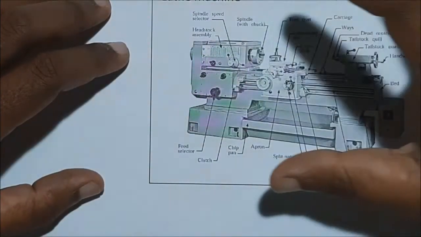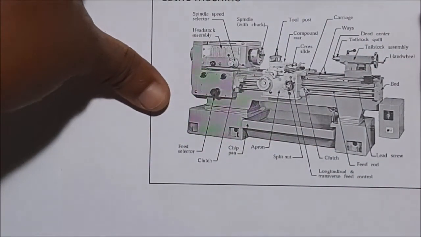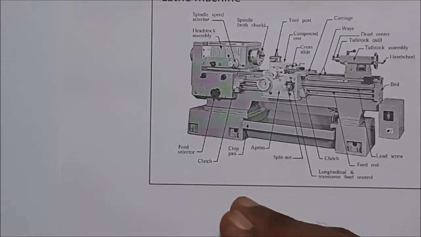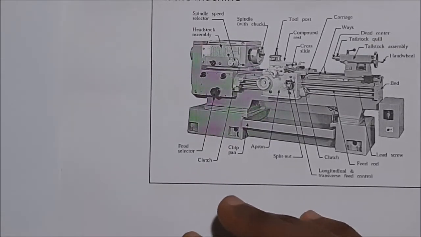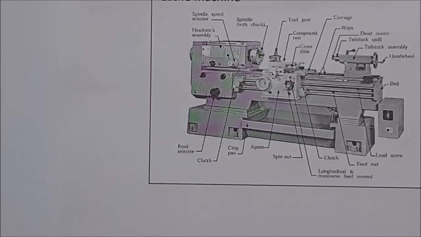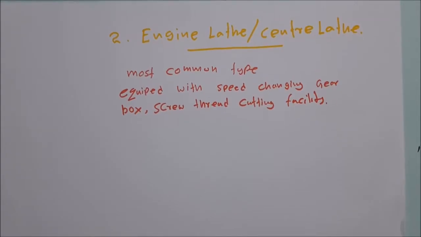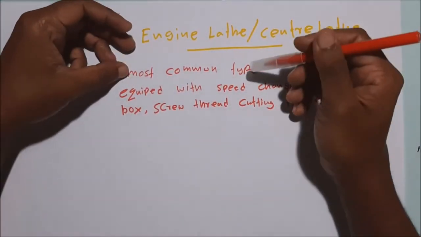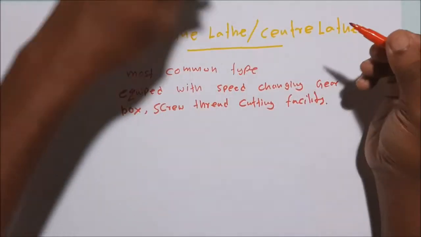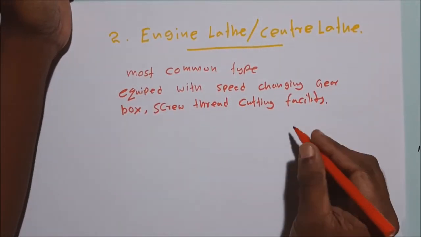This engine lathe is mostly used for maintenance work, that means single job operations. The engine lathe is the most common lathe machine type, and is equipped with a speed changing gearbox and screw thread cutting facility.